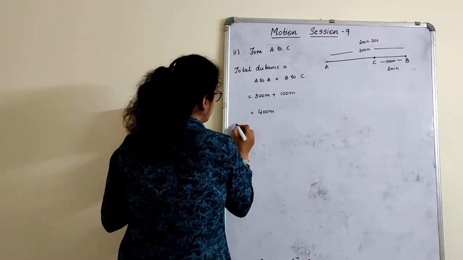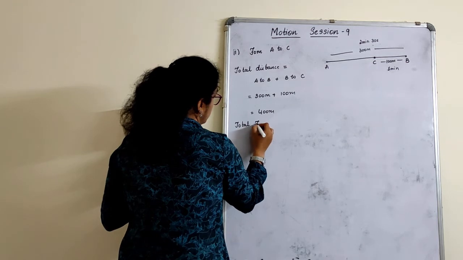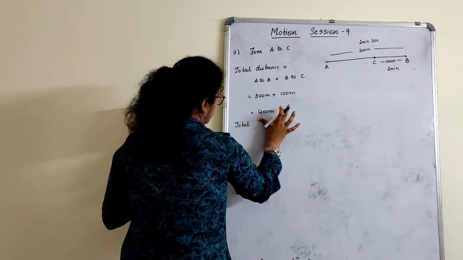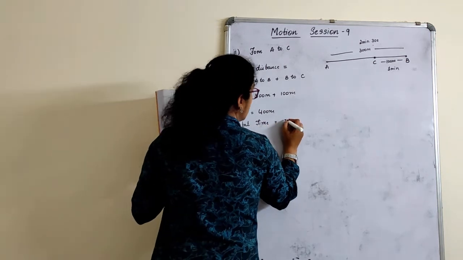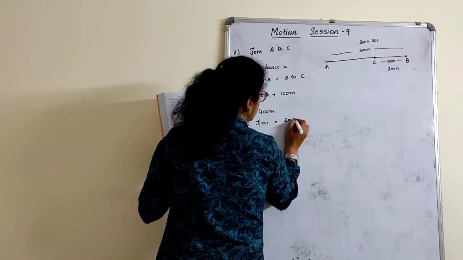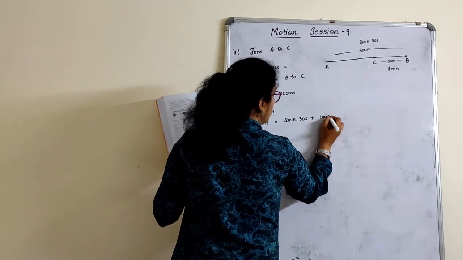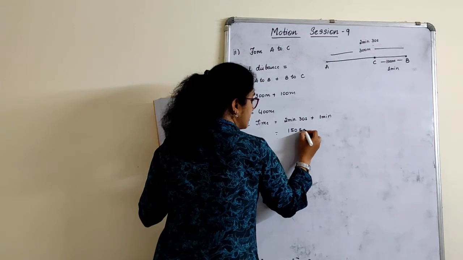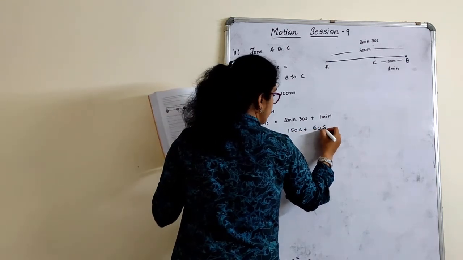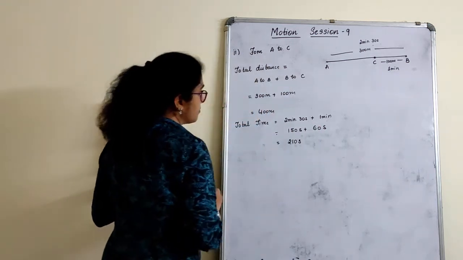Then let's talk about total time. Initially it took how much? 2 minutes 30 seconds plus 1 minute, which is 150 seconds plus 60 seconds. So total time is 210 seconds.